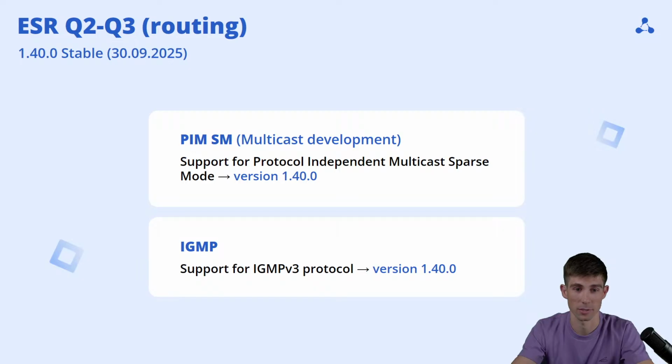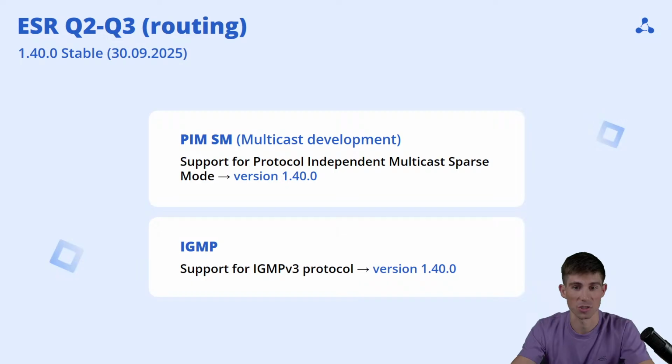PIM-SM is protocol independent multicast sparse mode. It's used in multicast when, as opposed to dense mode, where most of the hosts on the network would be listening to multicast and would subscribe to this type of traffic.